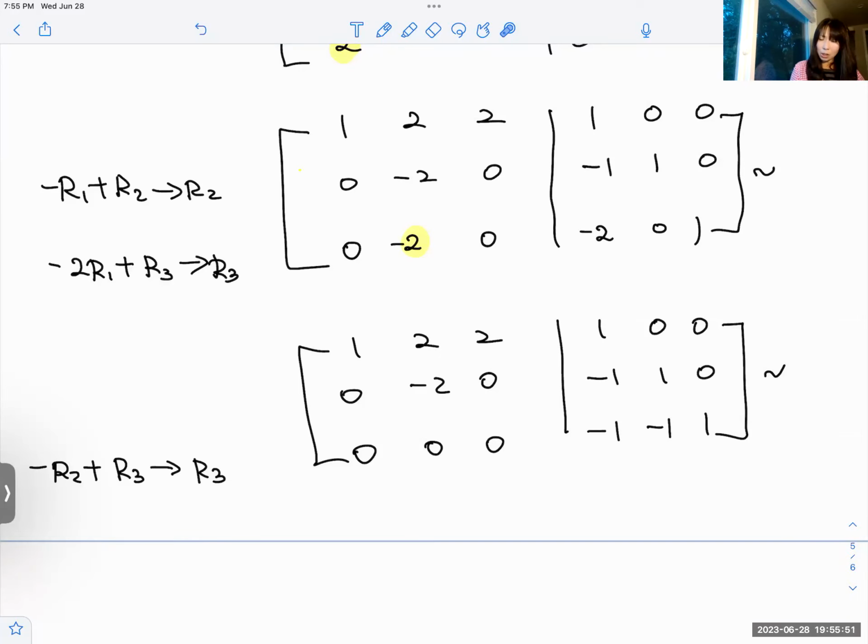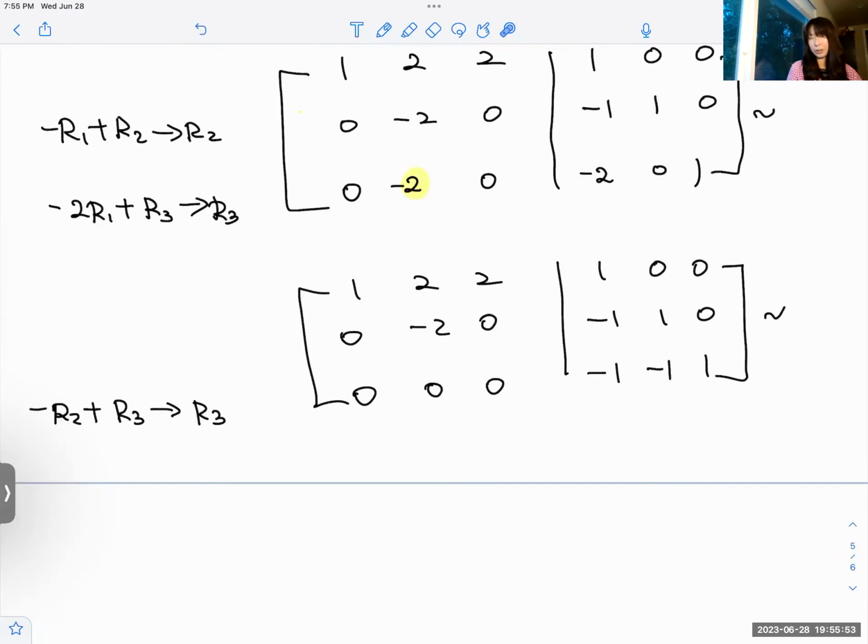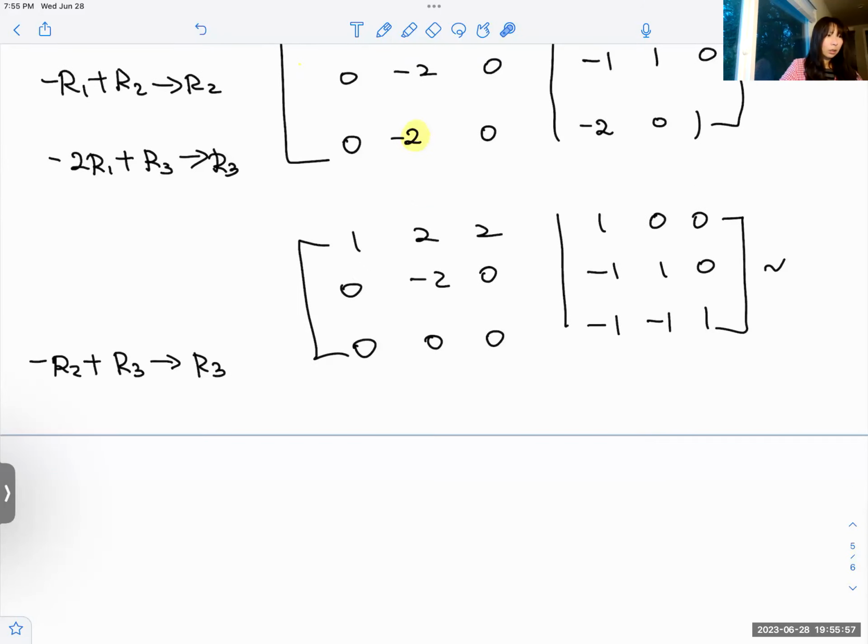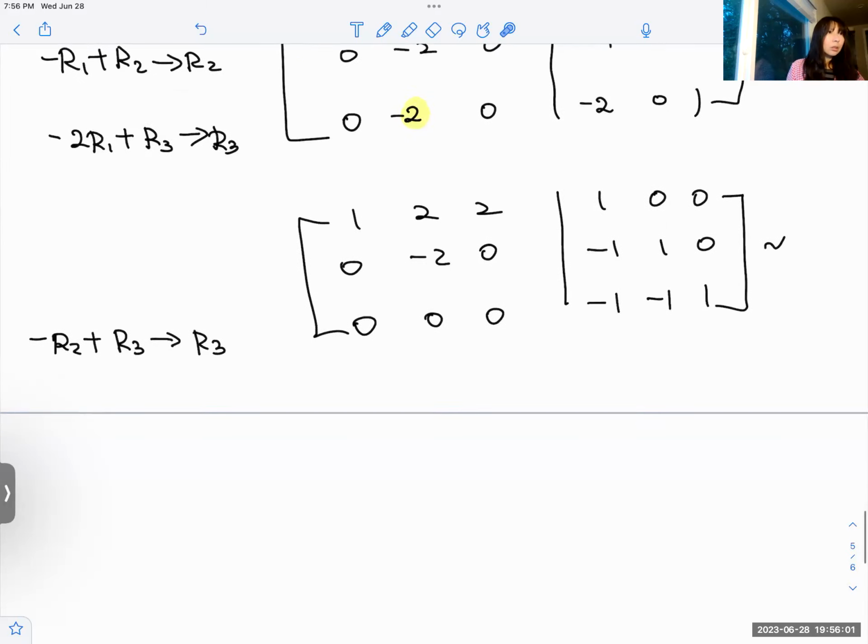So it's impossible, we cannot get the identity matrix there, right? So we cannot make A invertible. There is no inverse.